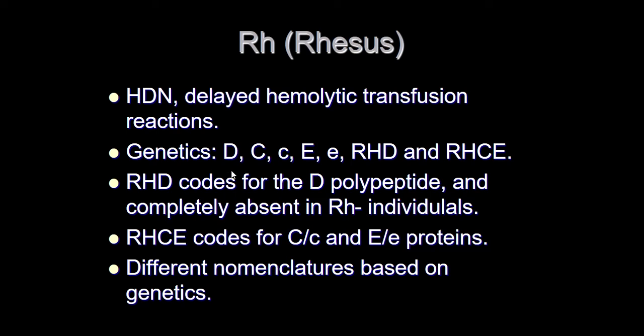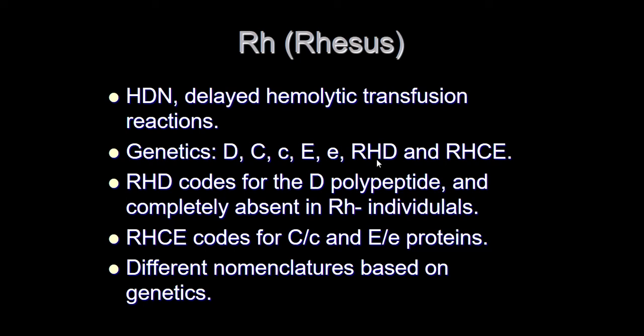So when we talk about the genetics of the rhesus factor, it is the presence of the capital D, but the capital C or the capital E are not that important, only, as I said, for epidemiological purposes.